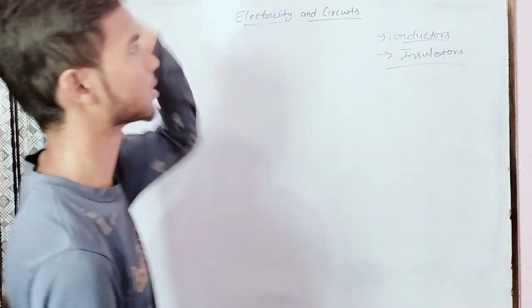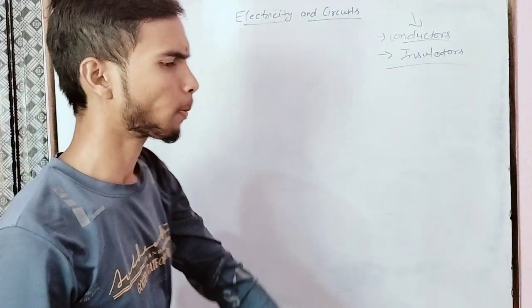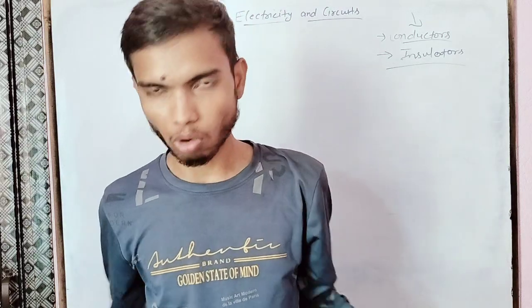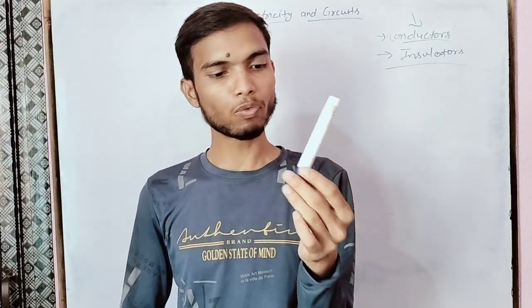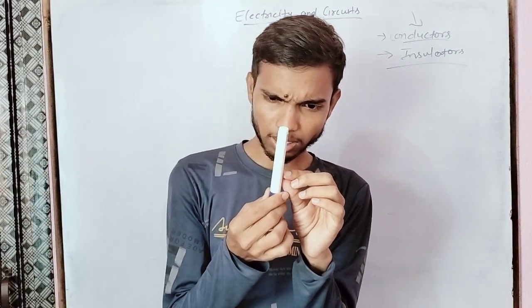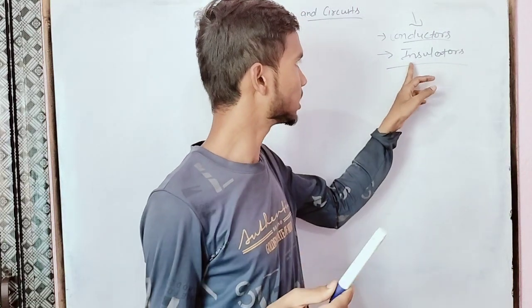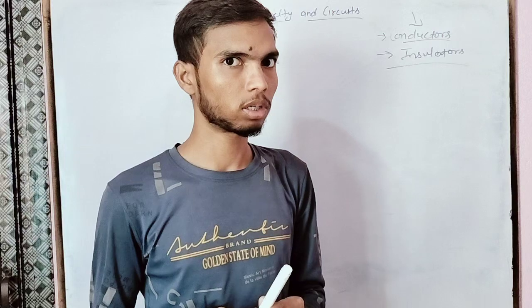Before that, let's understand the meaning of a conductor. These are materials, these are objects that are surrounding us. We can take any material and say whether it comes in the definition of an insulator or of a conductor.